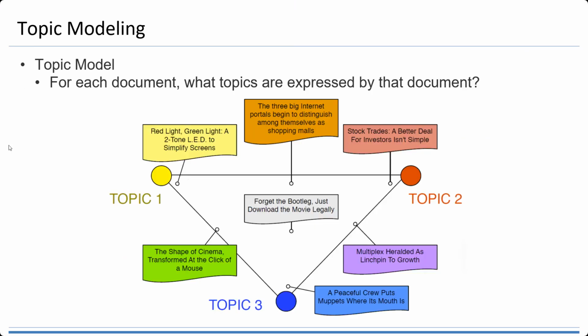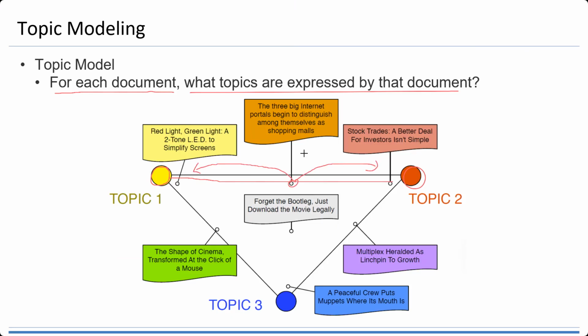So with this kind of topic modeling, we can also see a kind of relationship. What topics are expressed by that document? For example, if topic 1 is here, we can see a line into topic 2. Sometimes there are documents that can be in topic 1 and also in topic 2.